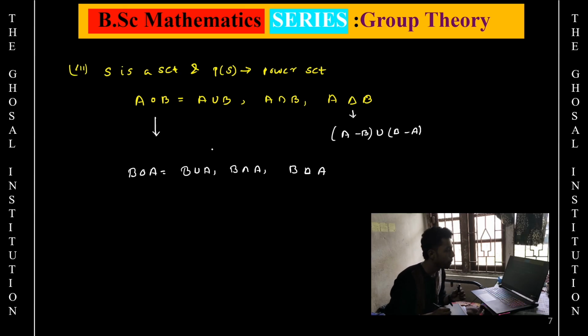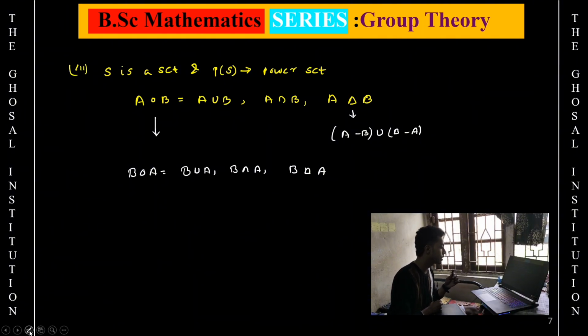I think no, because in a union you collect all possible elements of A and B. There is no difference between A intersection B and B intersection A, and similarly none between A symmetric difference B and B symmetric difference A.